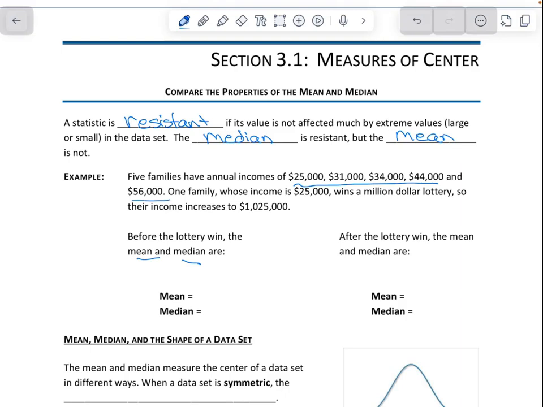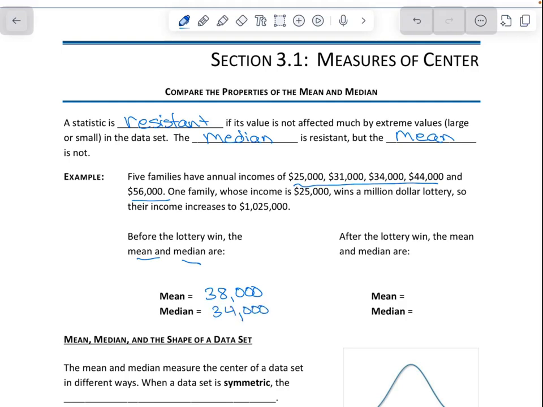I'll give you a moment to calculate those. I got a mean of 38,000 and the median was 34,000.